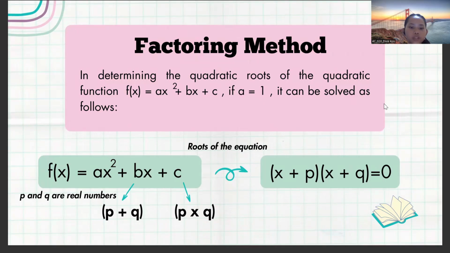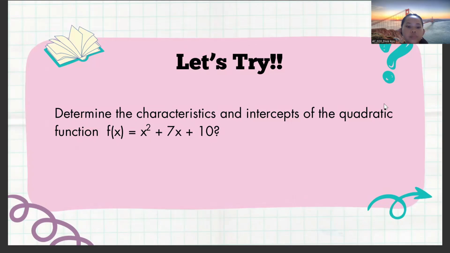After factoring, we set each factor equal to 0. Then we solve each equation to obtain the value of x, which are called the roots or x-intercepts of the quadratic function.